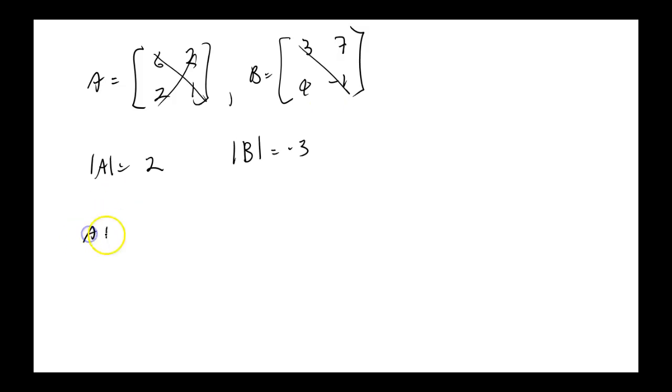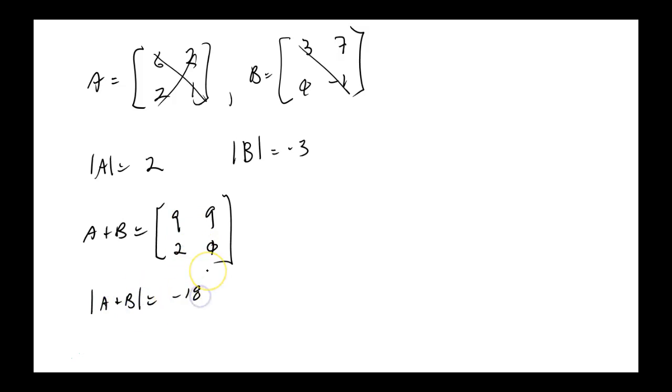Then A plus B, very simple to do here, would be 9, 9, 2, 0. The determinant of A plus B would be minus 18, which has no relationship at all with the sum of 2 and negative 3. Just nothing. 2, negative 3, negative 18. There's nothing to deal with that.